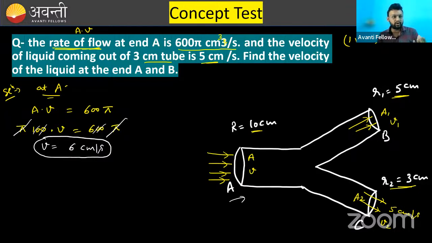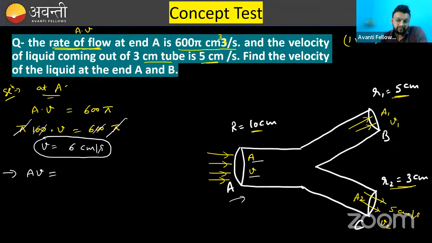That's what we know, that rate of flow is constant. That means rate of incoming fluid should be equal to rate of outgoing fluid. So from the equation of continuity, you can write AV, this is the rate of flow at end A. A is area, V is velocity, is equal to rate of outgoing fluid.